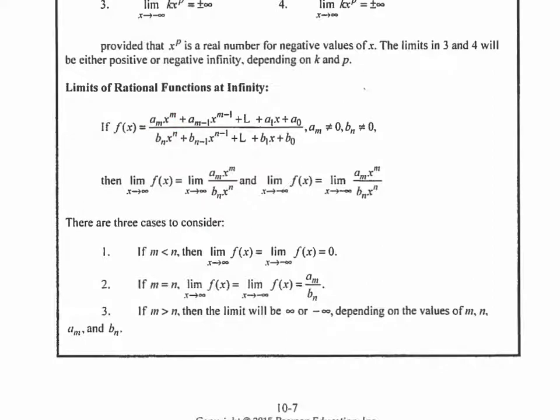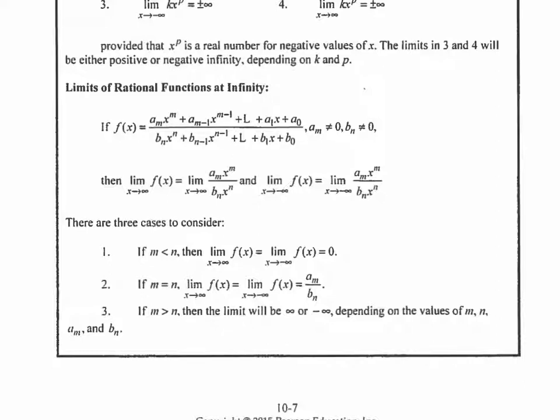So if that was a 5x to the 7th on top plus all this other stuff, and a 2x to the 7th on bottom plus all this other stuff, nothing really matters except the 5 on top, 2 on bottom, and that's going to be what the limit would approach. Okay? And we'll look at specific examples of this. That's when the exponents are the same. It's going to be the ratio of the coefficients.